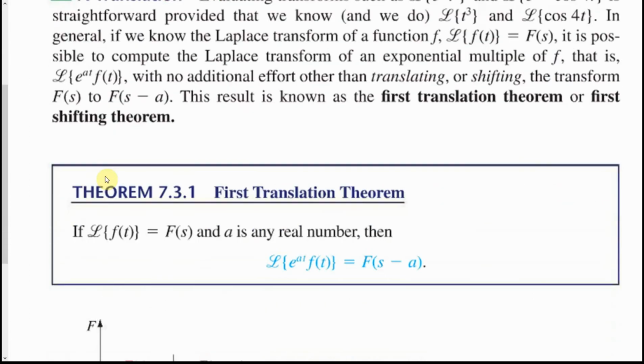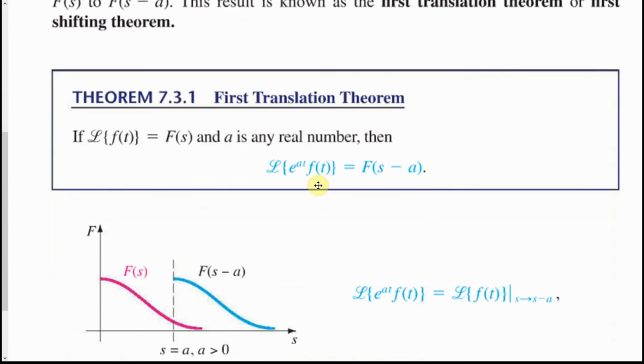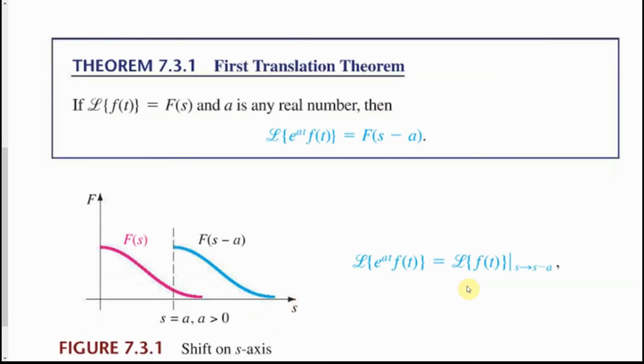If you look here, you can find the Laplace transform of s, but what about the Laplace transform of s minus a? Well, that's said to be just a translation to the right. And if it's s plus a, that becomes s equal to negative a, then that's a translation of s to the left from a.